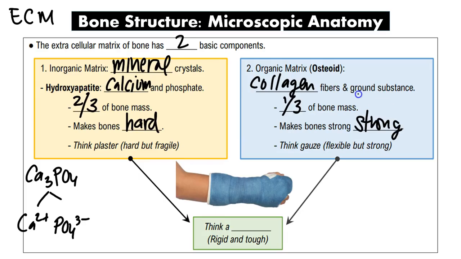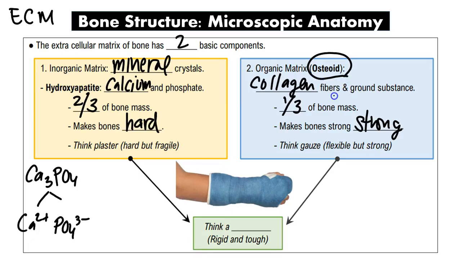If you have gauze, you'll see that it's very flexible, so you can wrap it around as much as you need. But when you try to rip it apart, it's very difficult to rip because of all the fibers that it's made of. So our goal is to see how the extracellular matrix is going to be both the inorganic mineral crystals, or hydroxyapatite, and the collagen fibers, or we just kind of say the organic portion is osteoid.